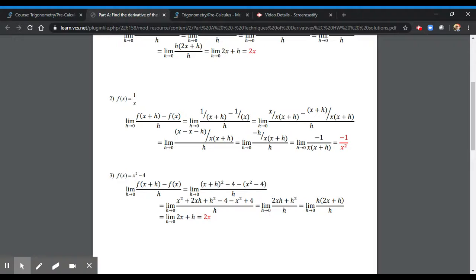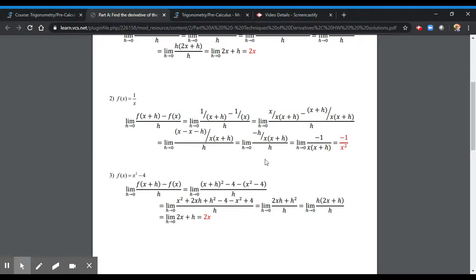Well, we can cancel out the h's here, and what am I left with? I'm left with negative 1 over x times x plus h. As h goes to 0, this goes to negative 1 over x squared. Now I realize I'm going pretty fast on these, but I just wanted to go through them so that you understand what you're looking at.